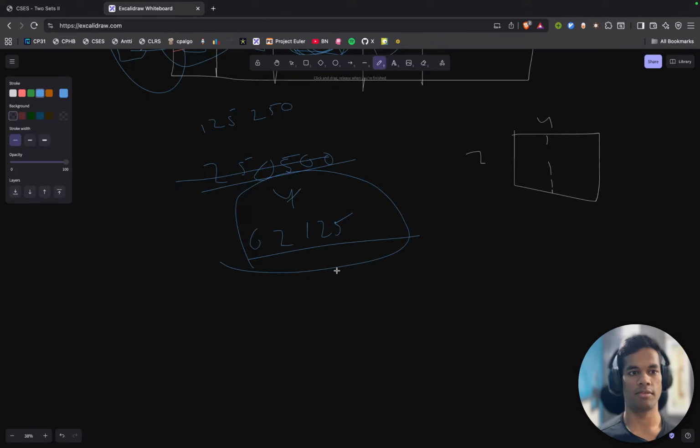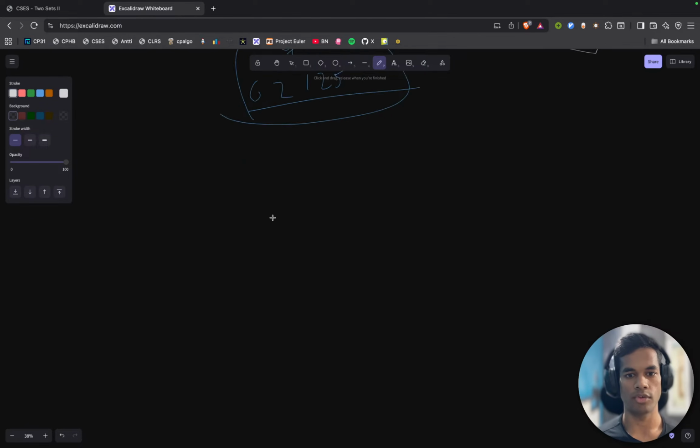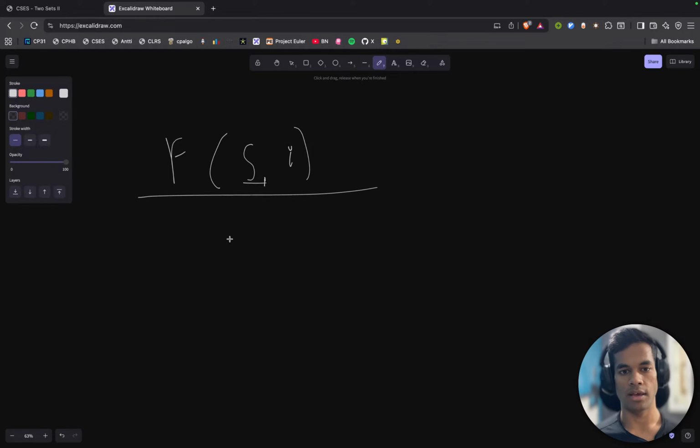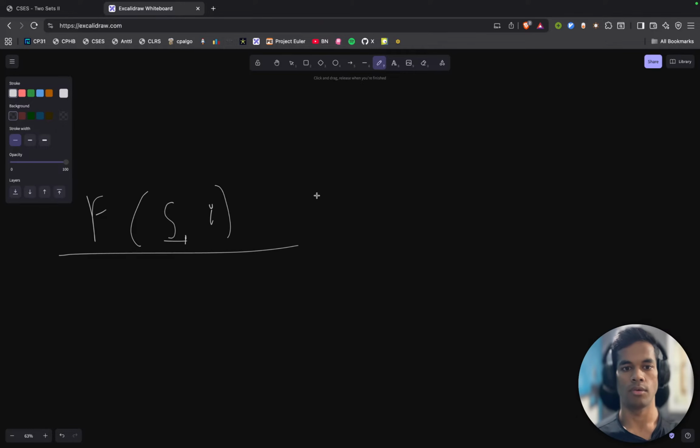Okay, let's write a recursive function for this. So let's define a function f, which is going to take in sum: can I reach this sum using the first, let's say, subset, first i elements? Yes, I can if, first of all, s equals 0, then return true.